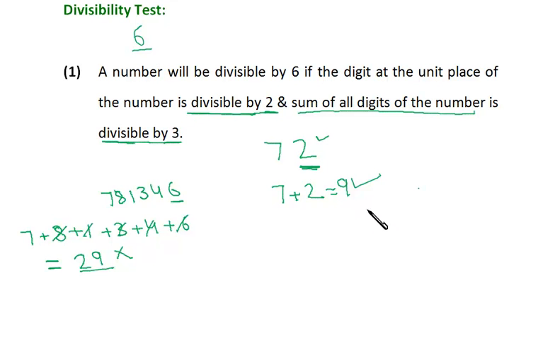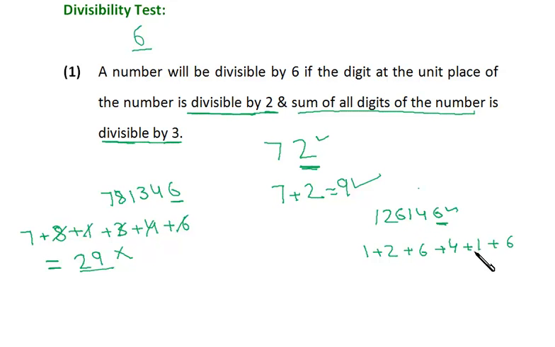Now suppose we've got this number 1, 2, 6, 1, 4, 6, right? So that's 6, that is divisible by 2. Now 1 plus 2 plus 6 plus 4 plus 1 plus 6.